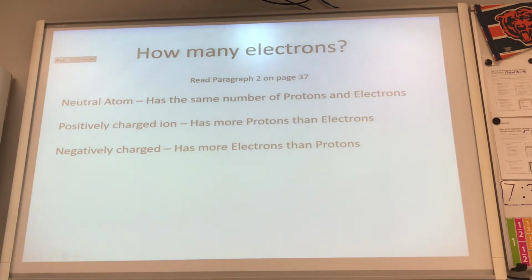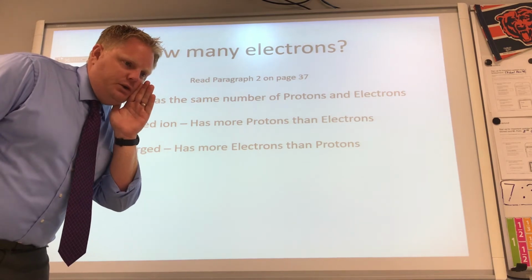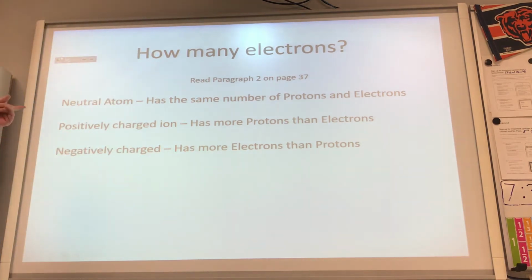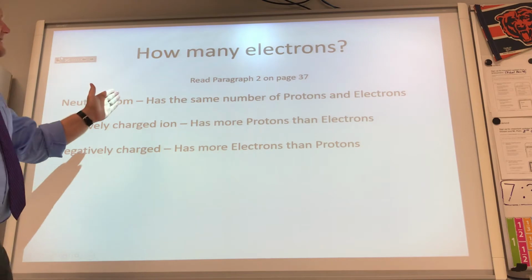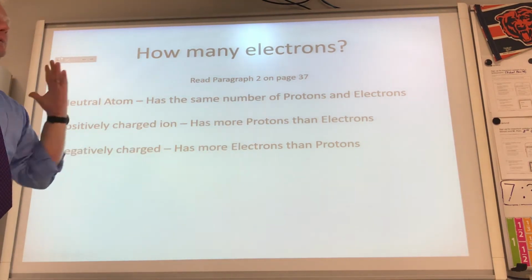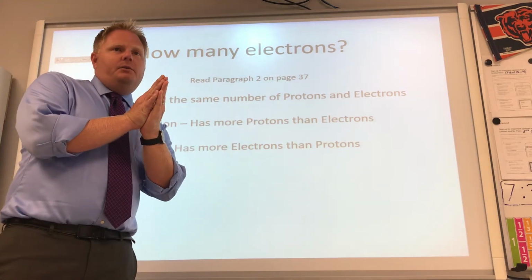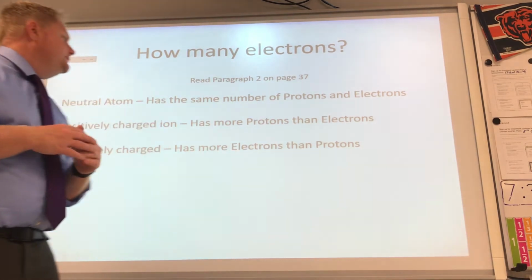Now, how many electrons? This will be important for your homework. In a neutral atom, that means the one with no charge. On your homework, we're going to pretend all atoms are neutral on that page. All right? The neutral atom has the same number of protons and electrons. Protons are positive, electrons are negative. If they match up and have the same number, no charge.